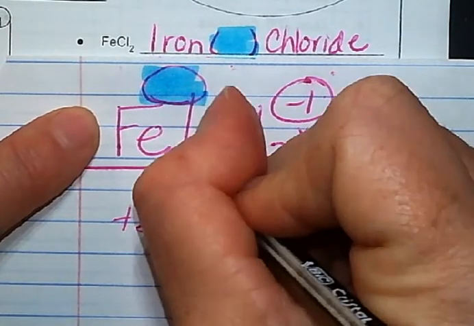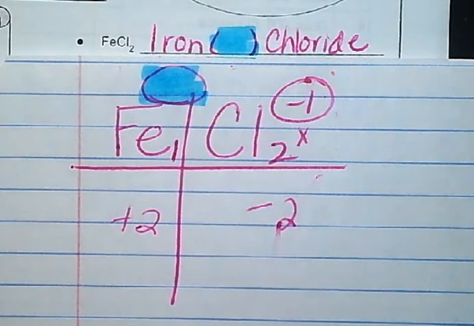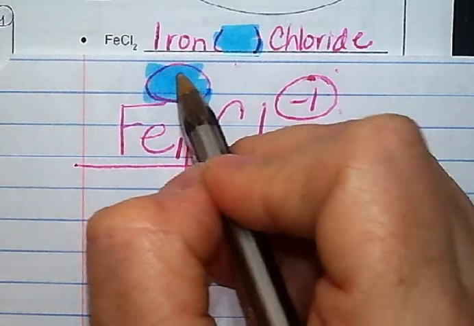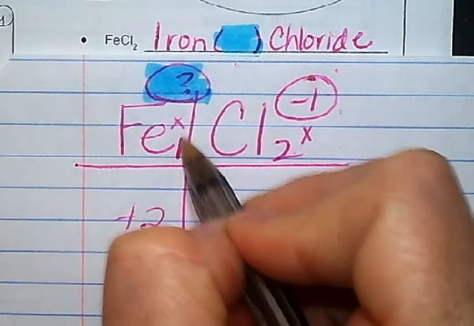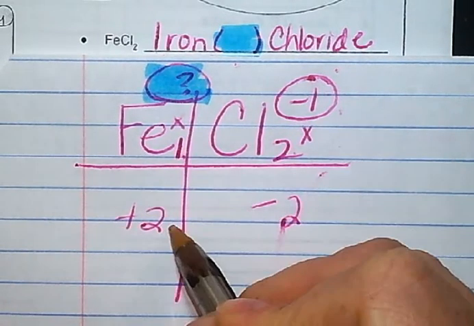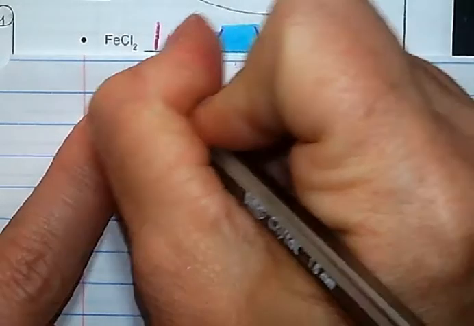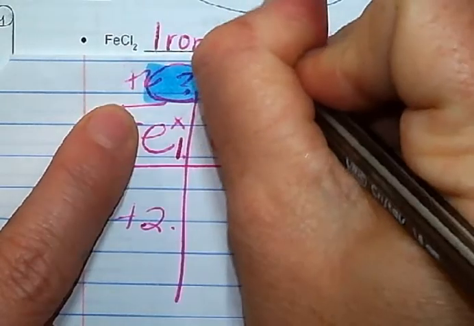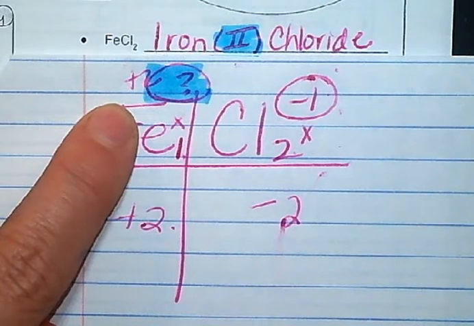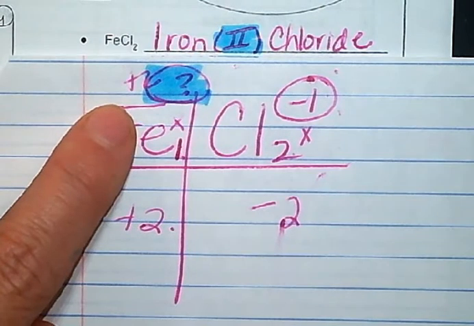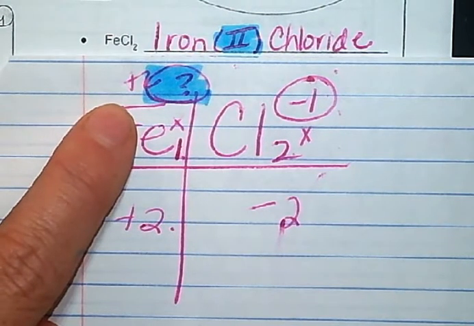There's not a subscript there, so it's understood that it's 1. So now is the mathematics problem. What number times 1 is going to give me +2? 2. So this number is +2. So this number, as a Roman numeral, is 2. So this is iron 2 chloride. Iron 2 chloride. And that's it. You're done.